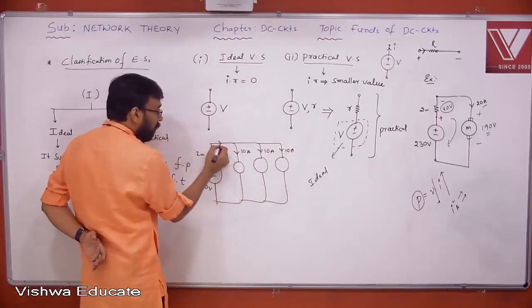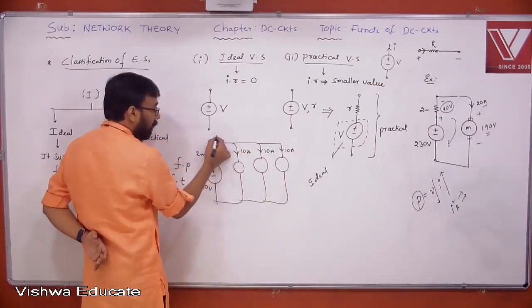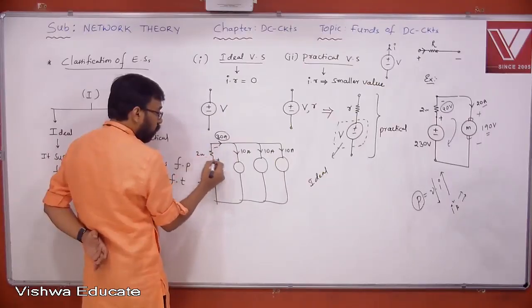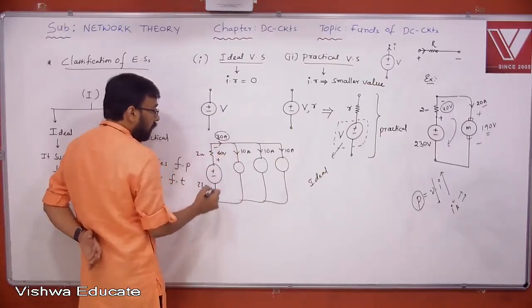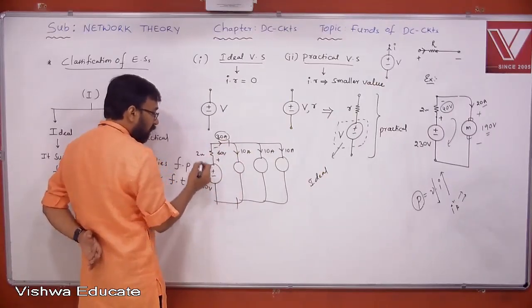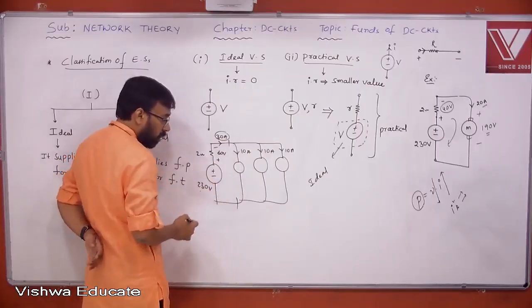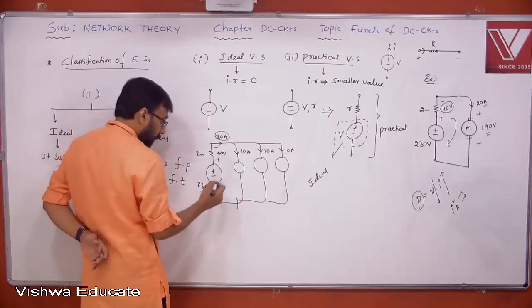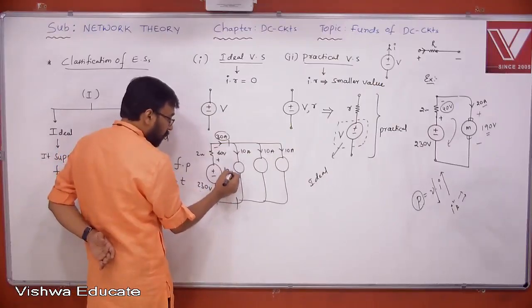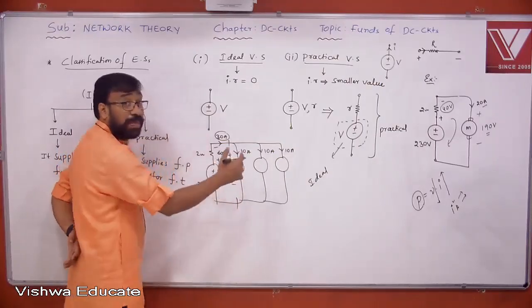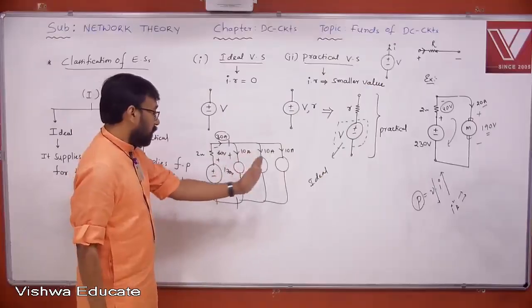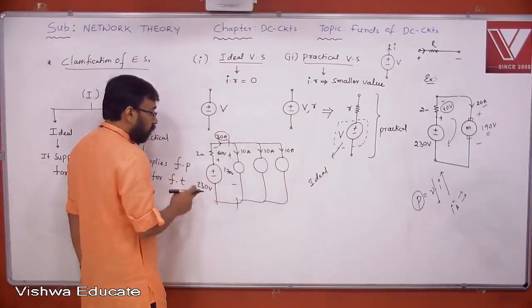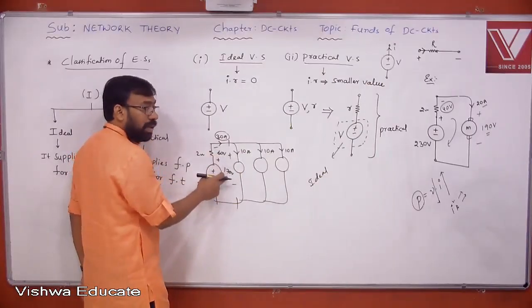What is the current here totally? According to KCL, totally 30 amperes. What is the voltage across this? 30 into 2, 60 volts. Then what is the voltage between these 2 points? 230 minus 60. How much do you get? 170. So 170 volts is the voltage appearing across the parallel combination of all these elements.